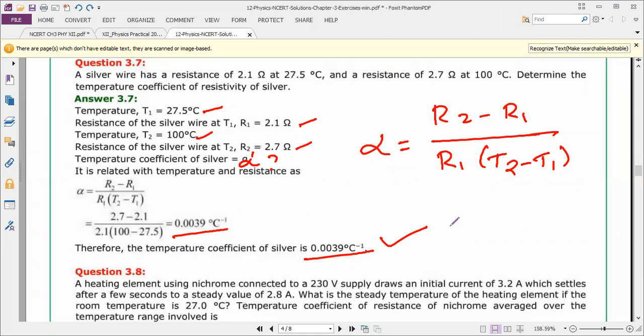3.7 completed. Completed. Shall we go for the next?